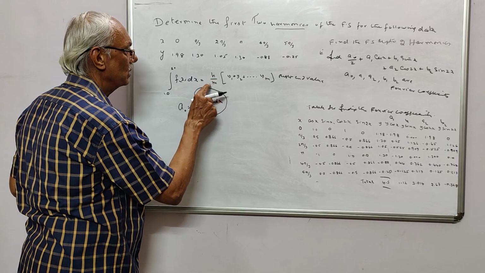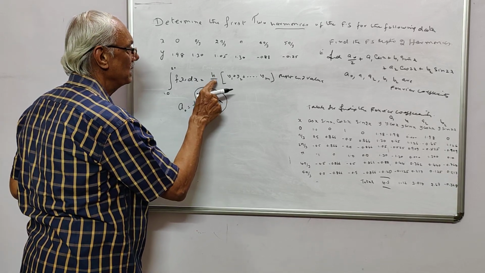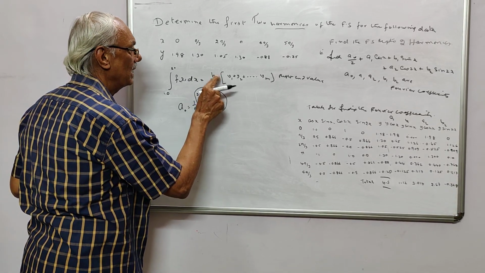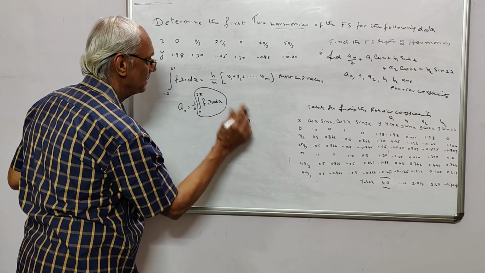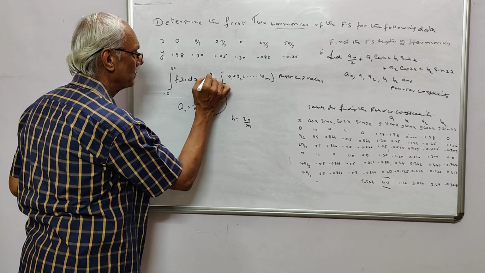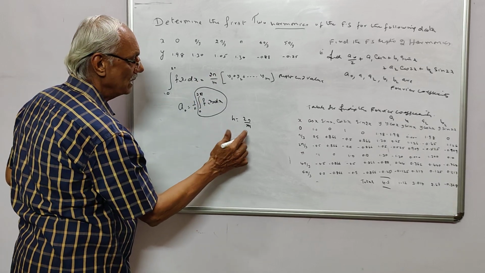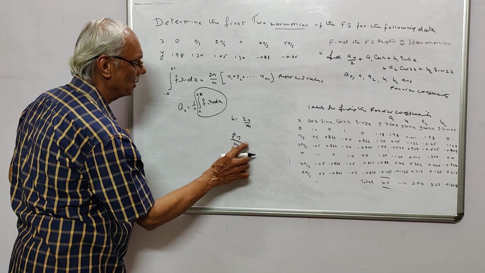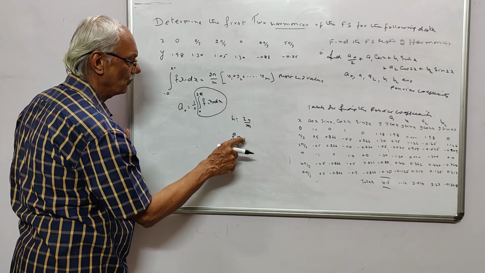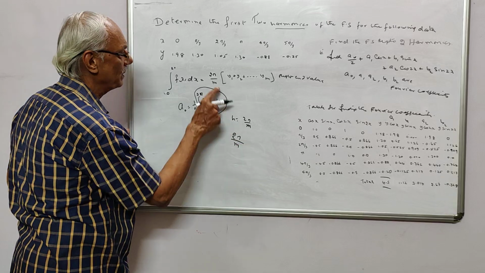Actually speaking, h is 2 pi by m. That is, you take this 2 pi and divide it into m equal parts. So the value of h is nothing but 2 pi by m.